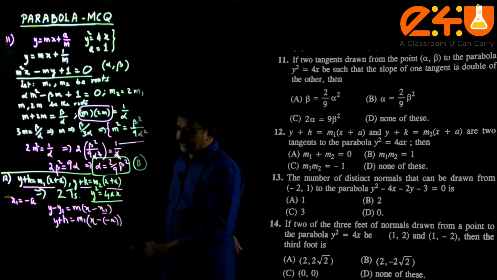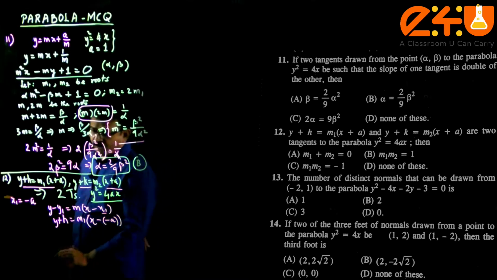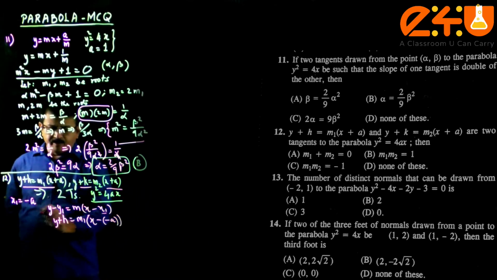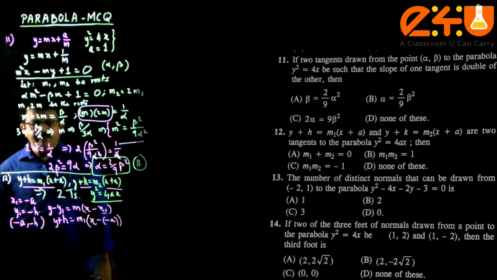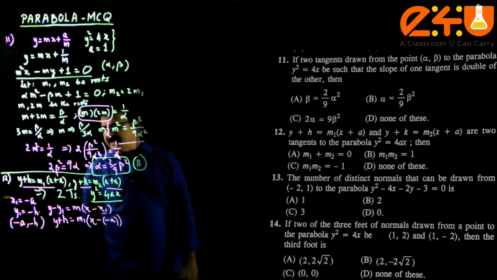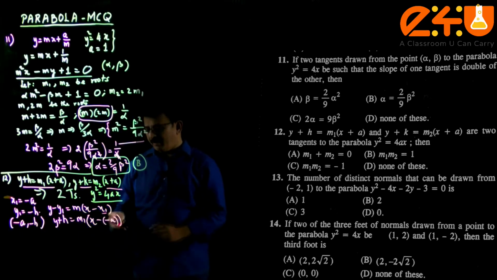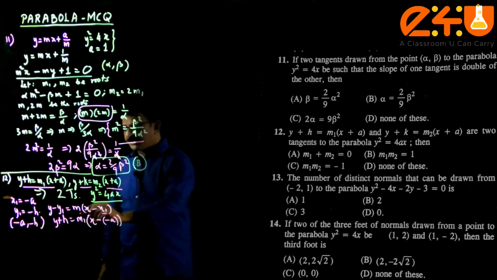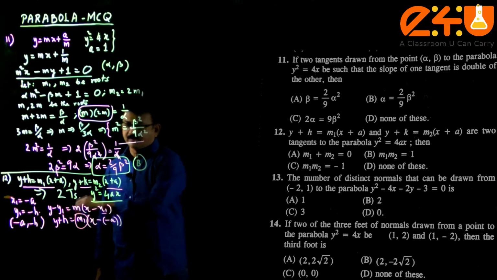The coordinate x1 is minus a. And what about the y1 coordinate? Minus h. So you are talking about the tangent passing through what point? He has drawn a tangent from this point, minus a comma minus h, with slope of course m1.